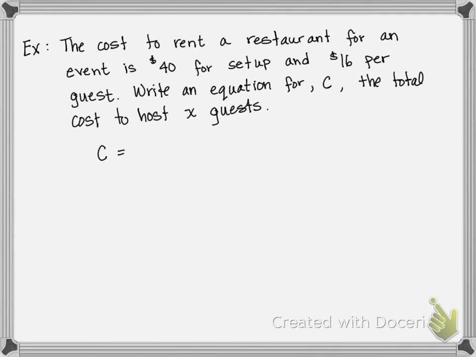So if I was going to calculate how much I had to pay, we'd start with 40 plus 16x. So we'd start with that $40 that I have to pay no matter what, and then 16 times however many people are going to attend. So which one of those numbers tells me the change in price when I increase the number of people by 1?